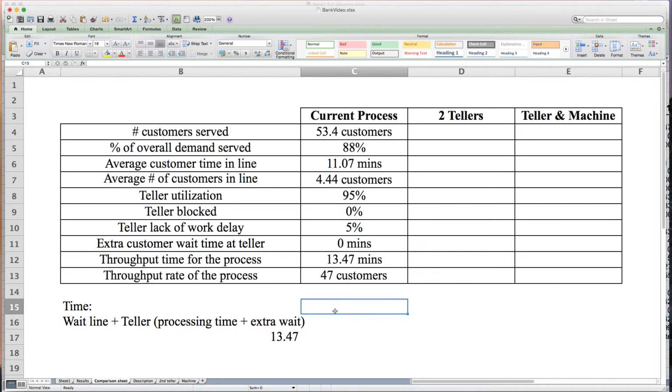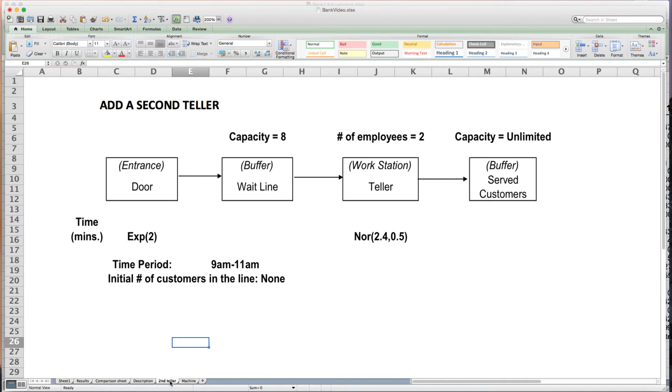So now we kind of have to think about how we're going to improve the process. So let's try 2 ways to improve the process, and let's see what kind of impact those 2 approaches have. So the first thing that we're going to try is we are going to try to add a second teller to the process.